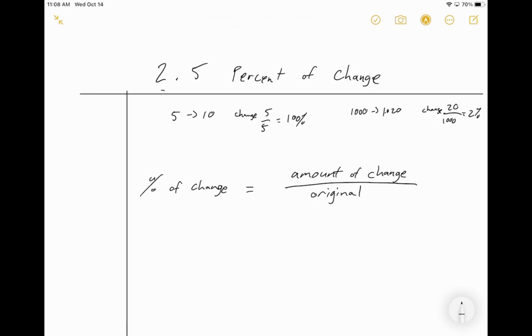Let's do an example. Let me walk you through an example here. Let's say something originally cost $120, but then it changed to $135.